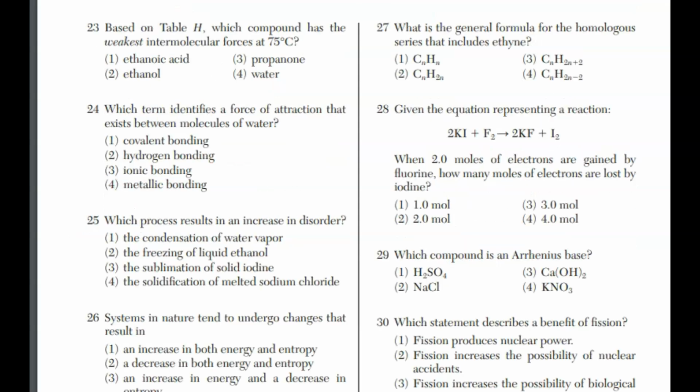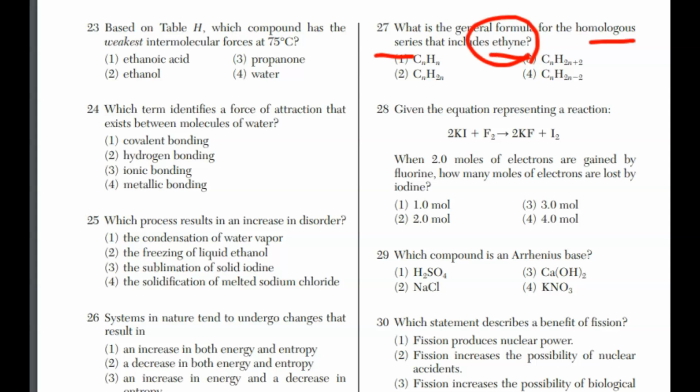For 27, it's asking what is the general formula for a homologous series that includes ethyne. Now, homologous series just means that as I'm going and adding one carbon to an organic molecule from the last organic molecule, it's actually one carbon and 2 hydrogens. It's consistent, hence homologous.